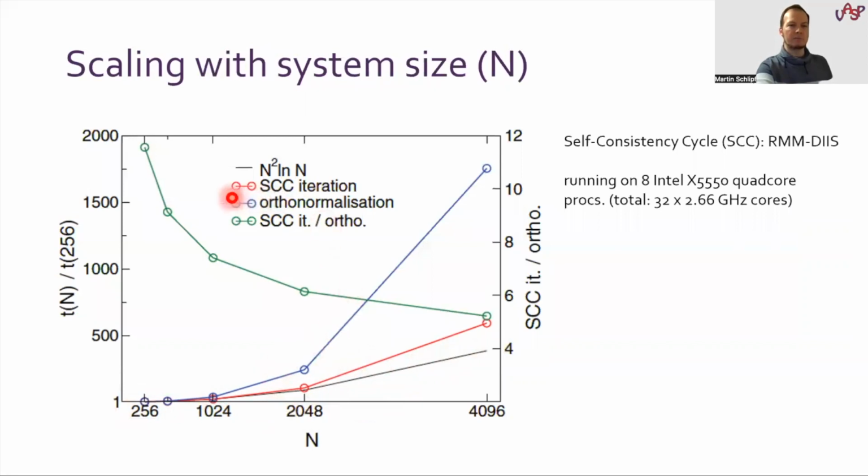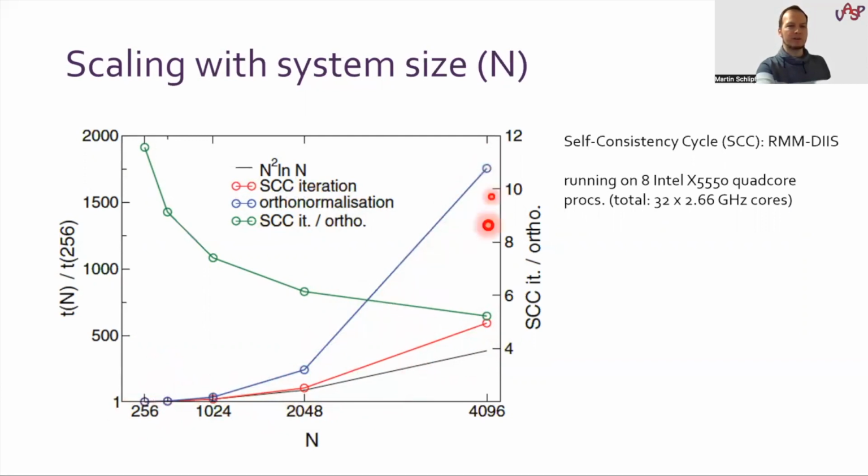And if you now measure the time of the full self-consistent cycle relative to the time it takes at a system size of 256, you can see that this follows relatively closely this n squared log n behavior. Whereas the other part, this orthogonalization part, scales significantly worse. So this is this n cubed behavior that I talked about.